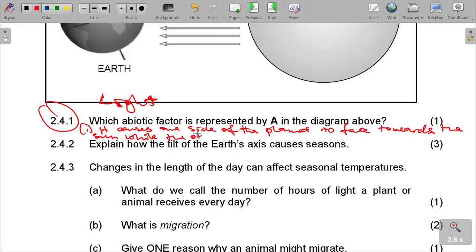So what we are saying is that the side that faces the sun receives more light and experiences summer.